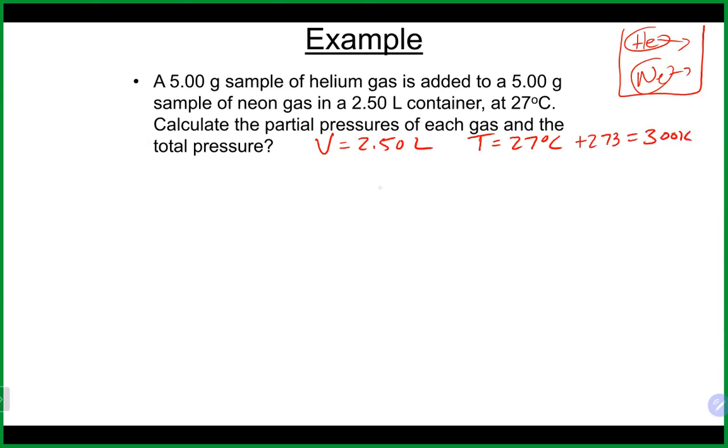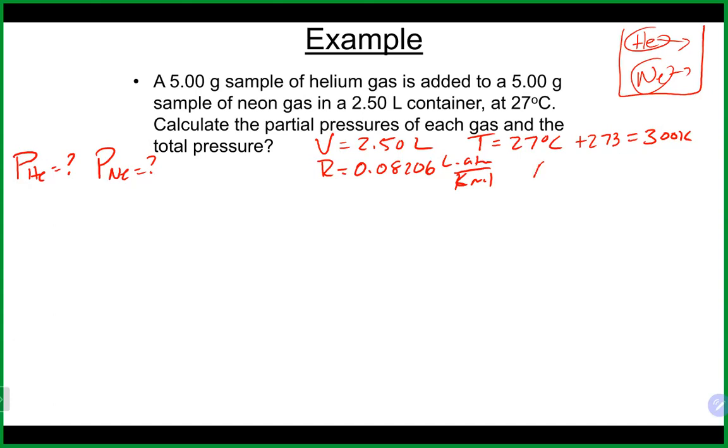We are looking for the partial pressures of both helium and neon in this case. And remember that we always have R, which is a constant. So if we think about it, we have a P, a V, a T, and an R.